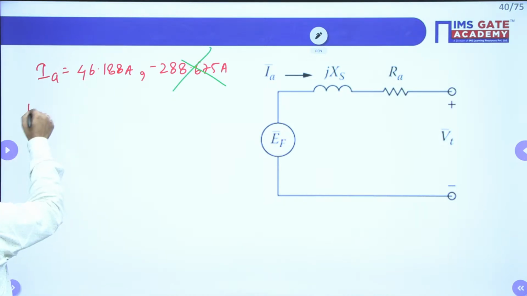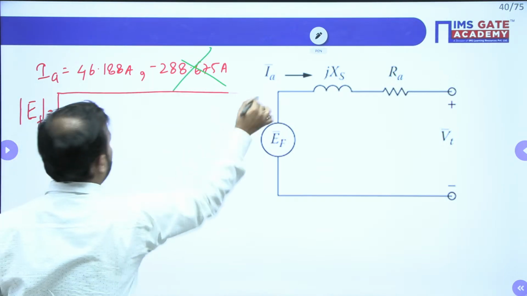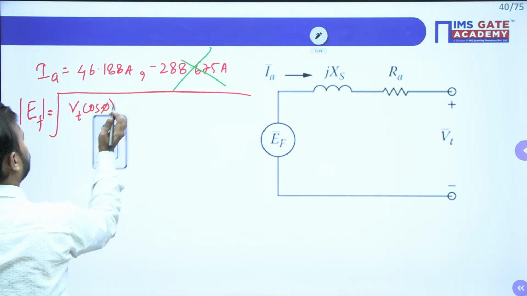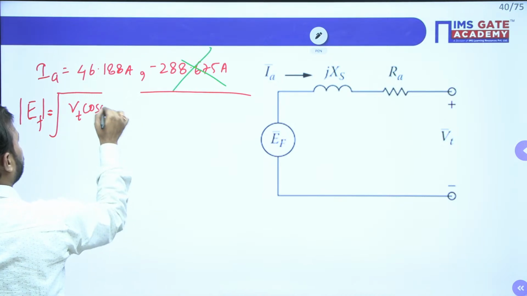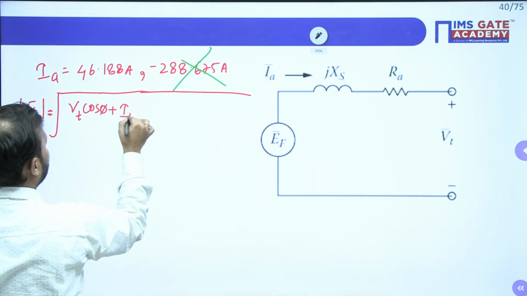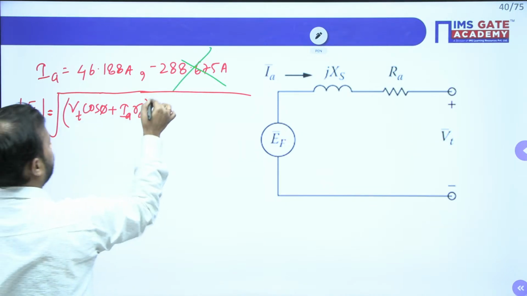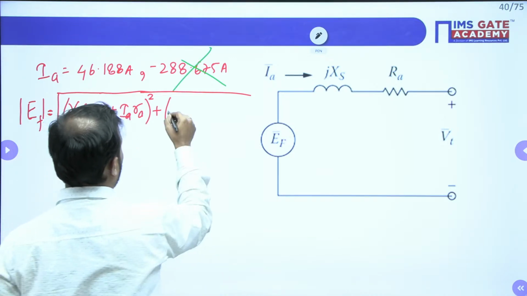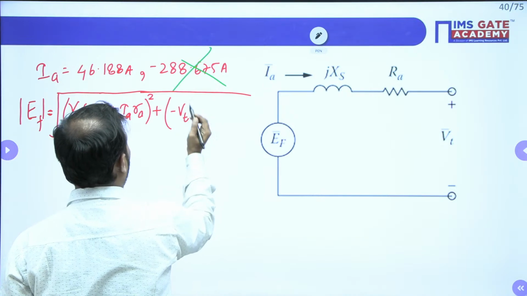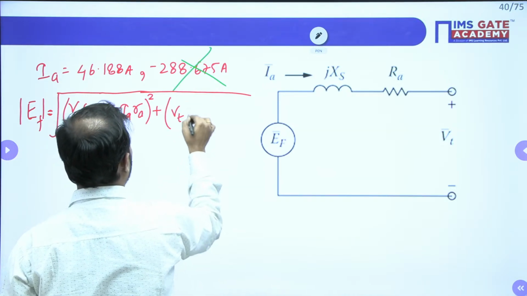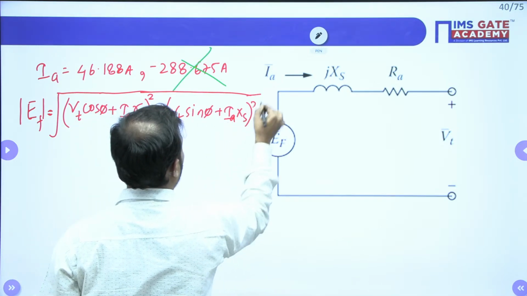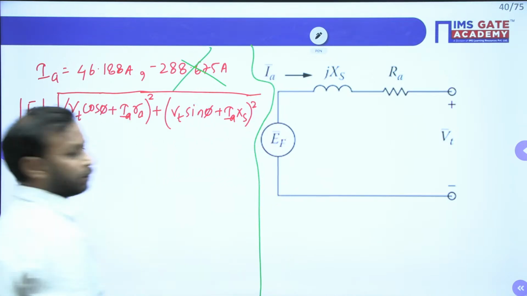So in the generator we have the equation of the magnitude of EF as root over (VT cos phi plus IA RA) whole square plus (VT sin phi plus IA XS) whole square. So I hope this equation you have seen in the synchronous machine.